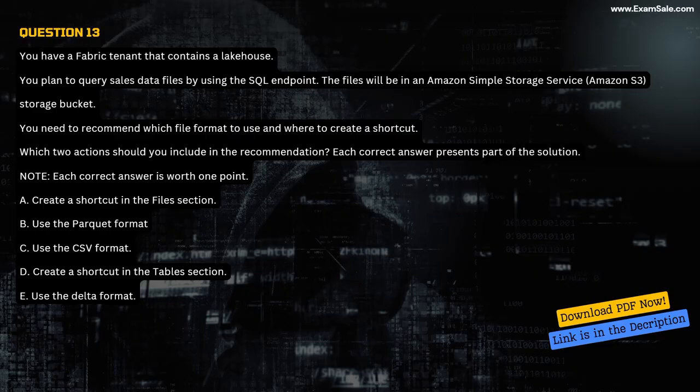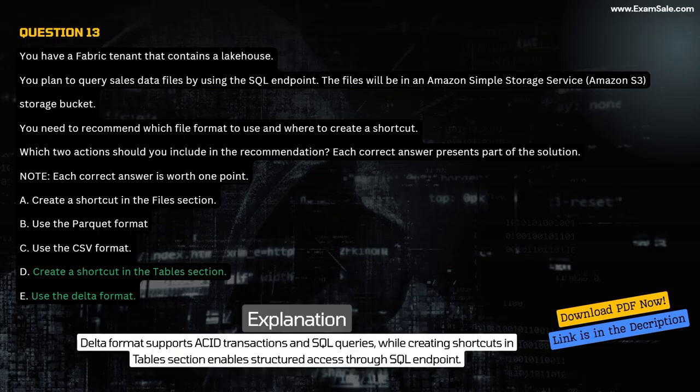B. Use the Parquet format. C. Use the CSV format. D. Create a shortcut in the Tables section. E. Use the Delta format. Correct answer D and E. Create a shortcut in the Tables section. Use the Delta format. Explanation. Delta format supports ACID transactions and SQL queries, while creating shortcuts in the Tables section enables structured access through the SQL endpoint.